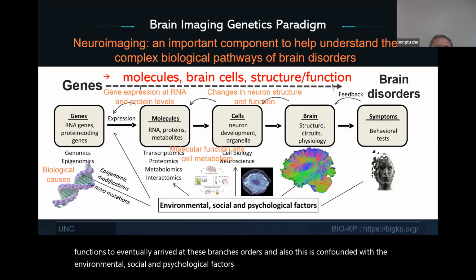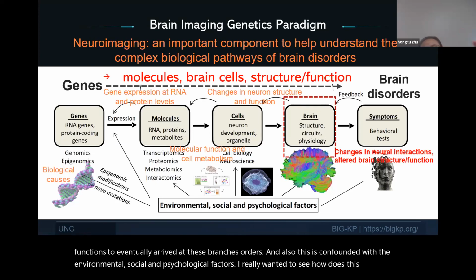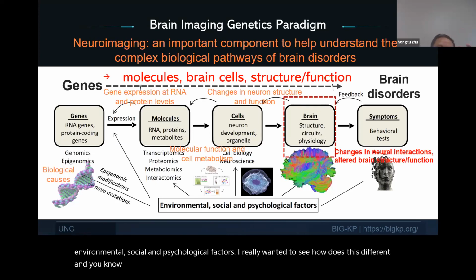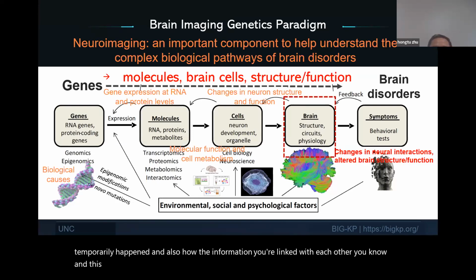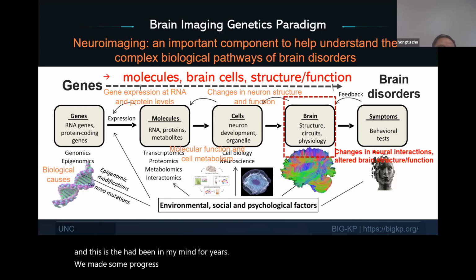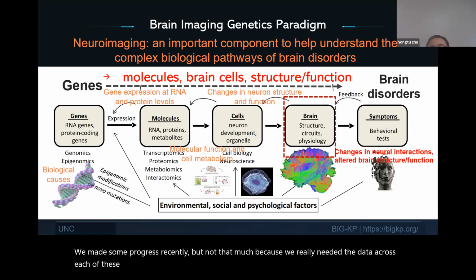I really wanted to see how these different pieces of information sequentially, temporally happen, and how the information links with each other. This had been in my mind for years, and we made some progress recently, but not that much, because we really needed the data across each of these blocks and to try to link all the things together.